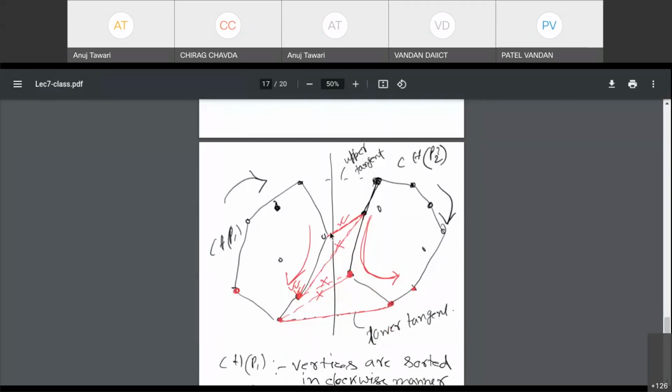The obvious idea is you construct this upper tangent, connecting these two points at the highest y coordinate, and you construct this lower tangent, connecting these points at the lowest y coordinate. Then using this lower tangent and upper tangent, and connecting some points here, you'll get the new convex hull.